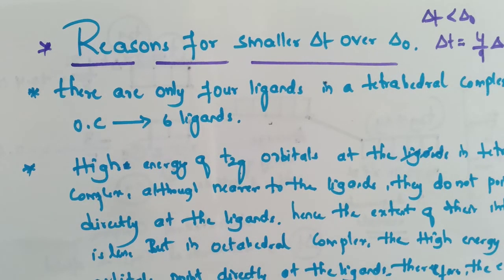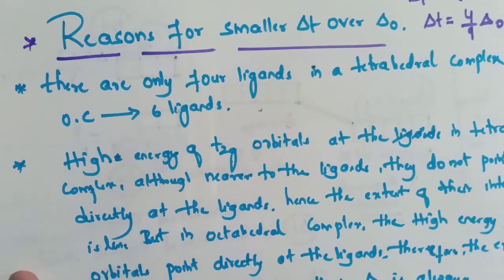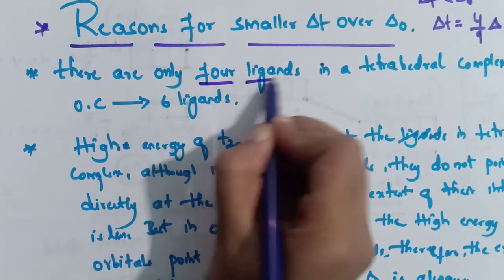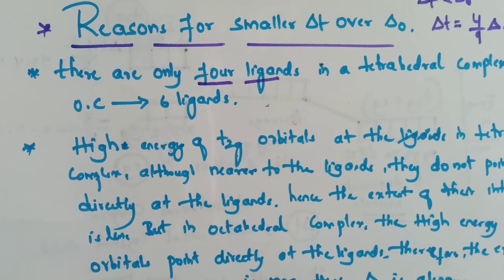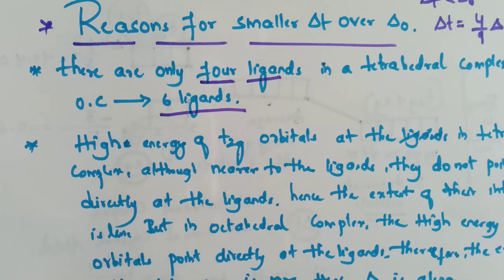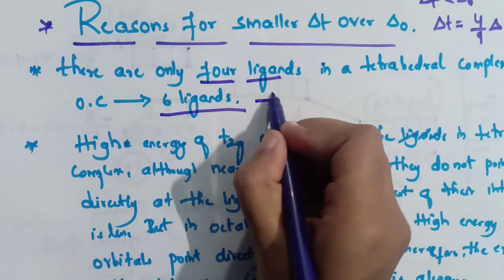The reasons for the smaller delta T over delta O: in the tetrahedral complexes how many ligands are present, students? Only 4 ligands are present in the tetrahedral complexes, while in the octahedral complexes there are 6 ligands. Hence a 1/3 decrease in the number of ligands decreases the delta T value to some extent from the delta O value.